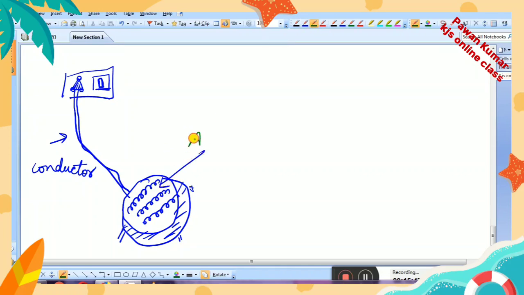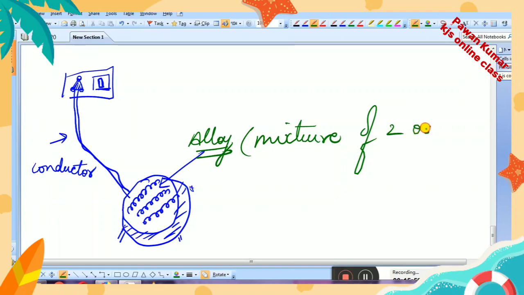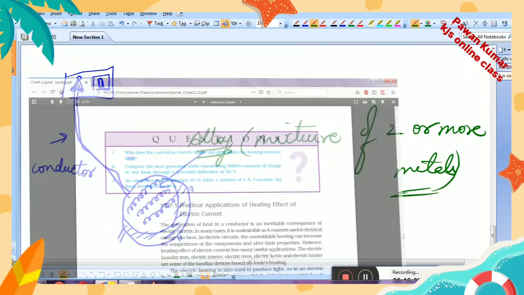These wires are made up of alloy. Alloy is a mixture of two or more metals, so it is made up of metals. It is generally a mixture of two or more metals.